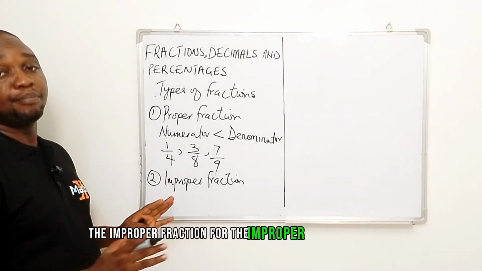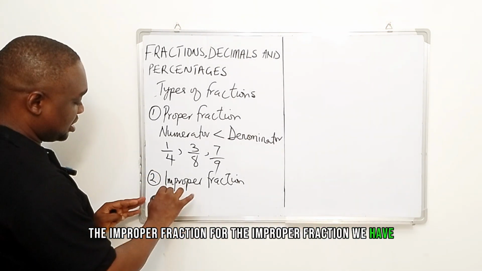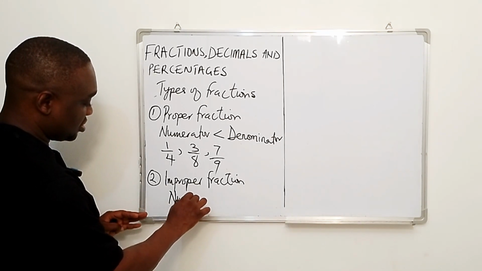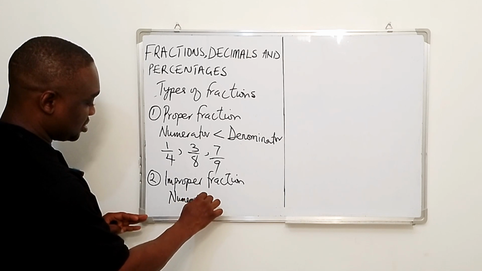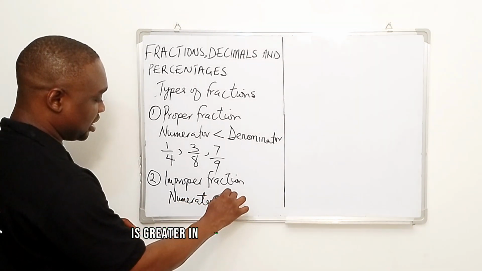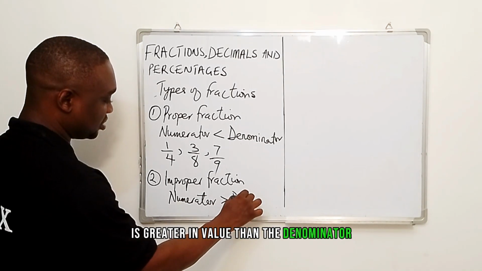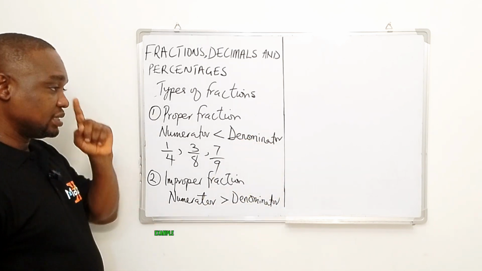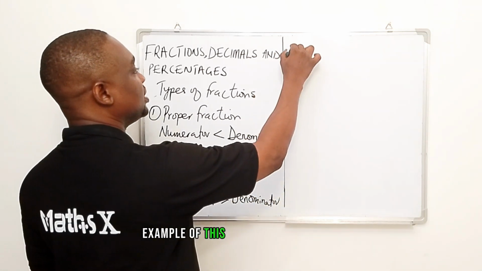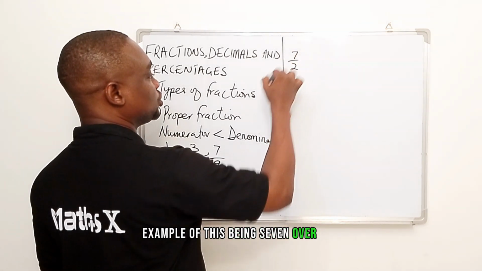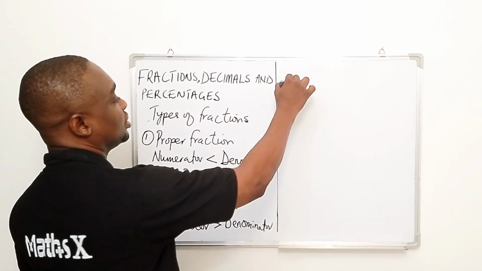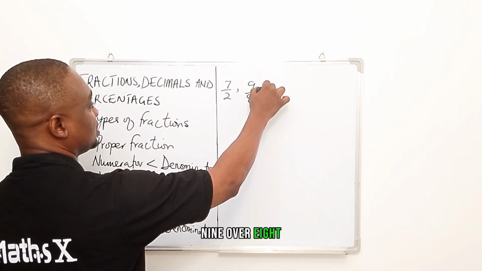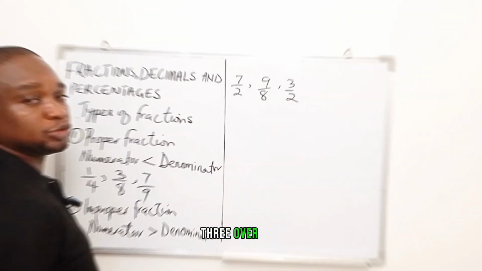For the improper fraction, we have a fraction where the numerator is greater in value than the denominator. Examples of this being 7 over 2, 9 over 8, 3 over 2.